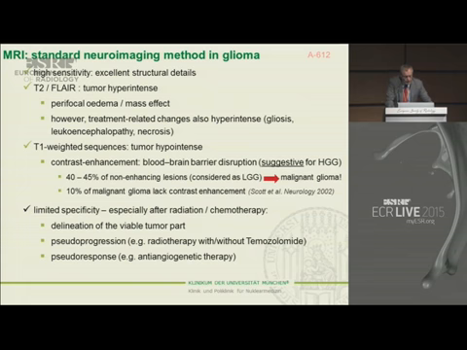So you have a limited specificity, especially after radiation and chemotherapy, and you have problems with the delineation of the viable tumor part. You have problems after therapy with pseudo-progression and pseudo-response, or later on, especially when you do anti-angiogenic therapy. And this is where molecular imaging comes into place.